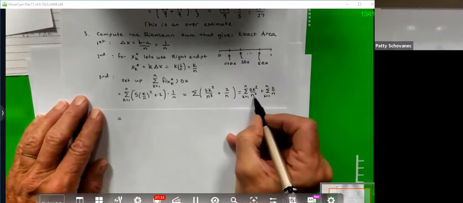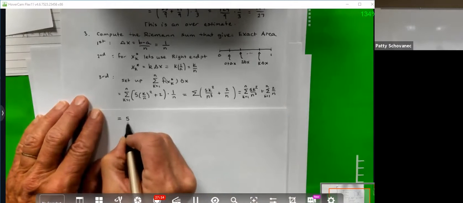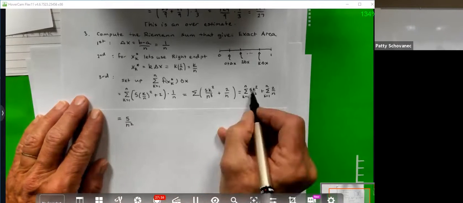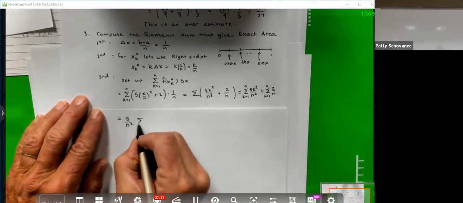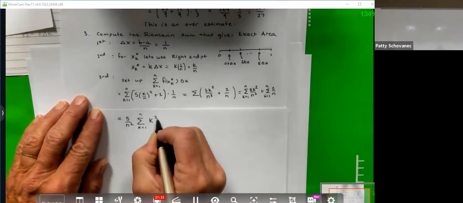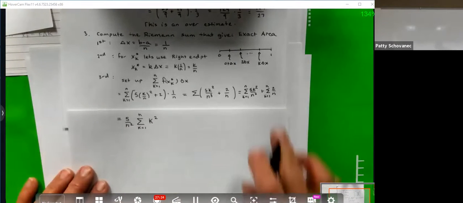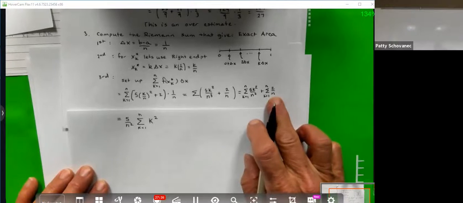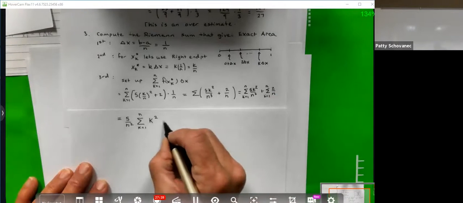So I'm going to take the 5 over n squared out front here. Then I have the summation of all the k squareds. There's not any k's in here, so when I take the 2 over n out, I'm going to leave a 1 behind.